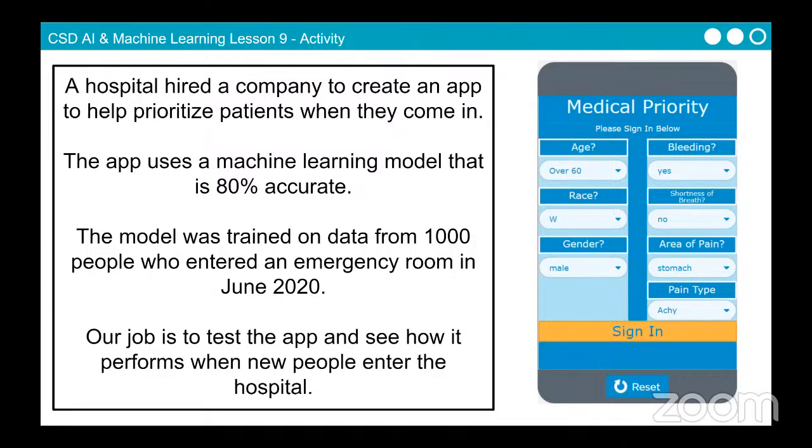This app uses a machine learning model that is 80% accurate. The model was trained on data from 1,000 people who entered the emergency room in June 2020. Now our job is to test the app and see how it performs when new people enter the hospital.